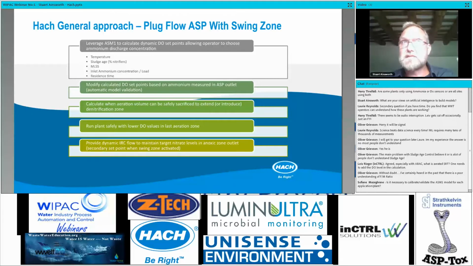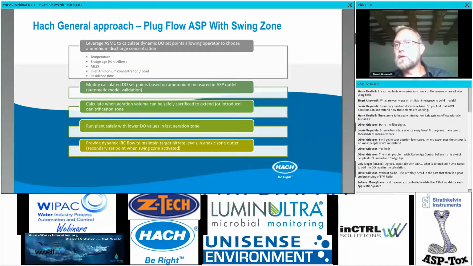In terms of denitrification, we can use a nitrate measurement probe at the end of the anoxic zone, and that will inform whether we need to add more carbon or whether we need to increase or decrease the internal recirculation flows. In addition to that, the power of having a measurement upstream of the activated sludge plant is you then know the true load conditions that you're presenting to the activated sludge plant.